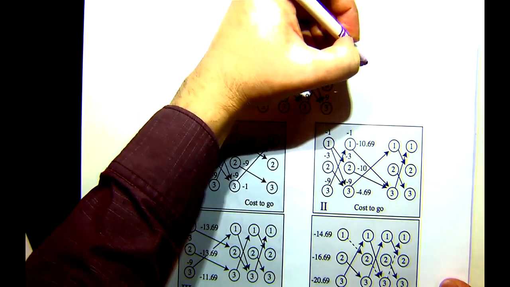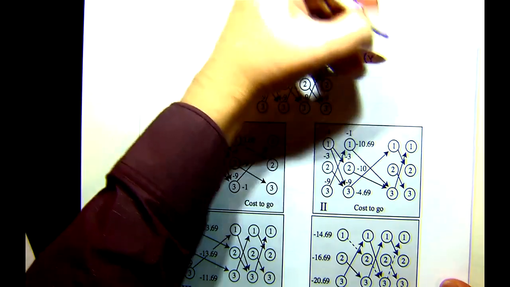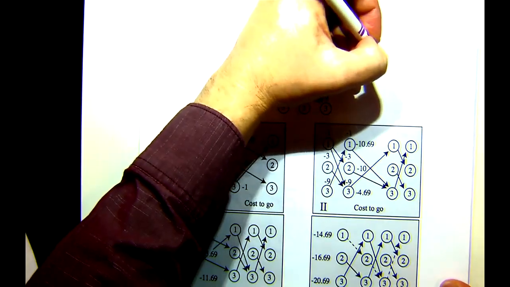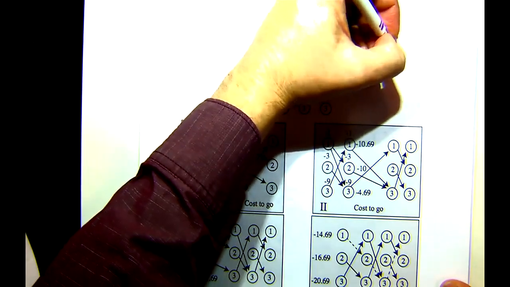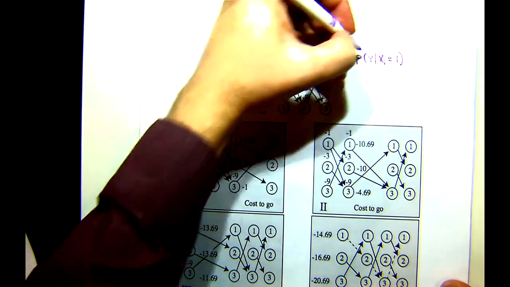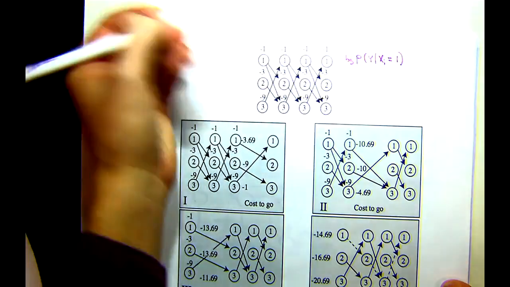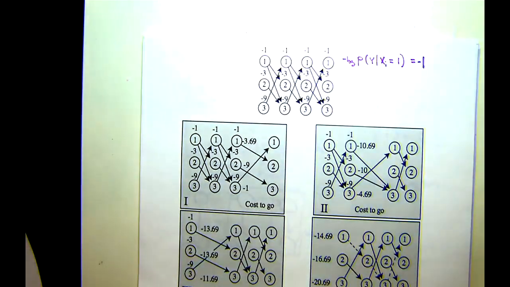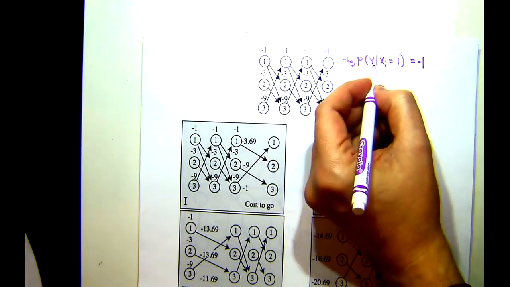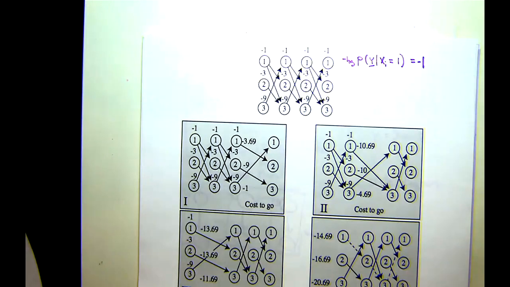The probability of y given x_i equal to 1, sorry, the negative log probability, is always going to equal negative 1. So it actually doesn't depend on the y here, which normally it would.